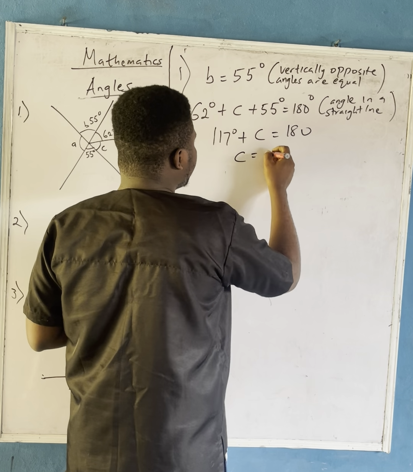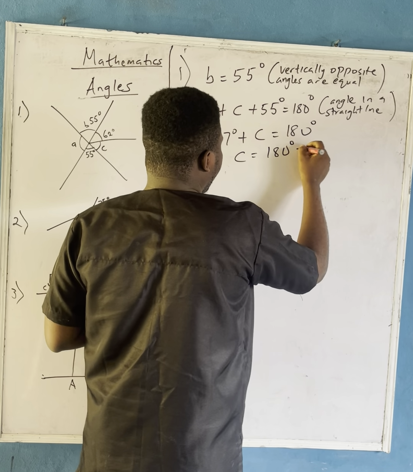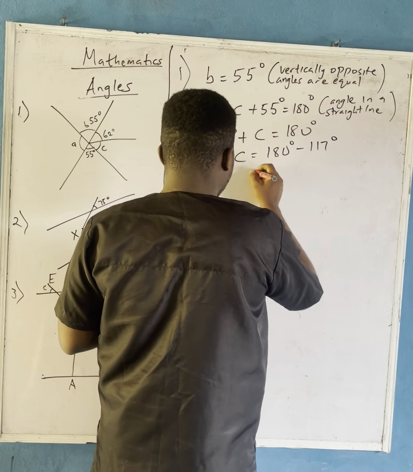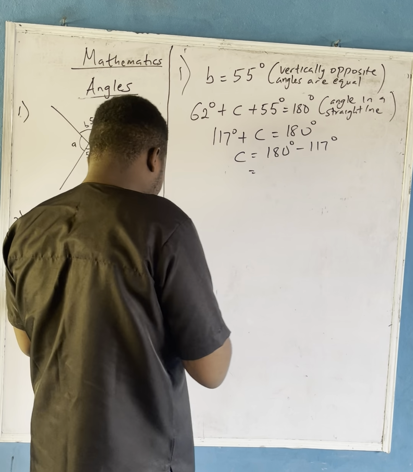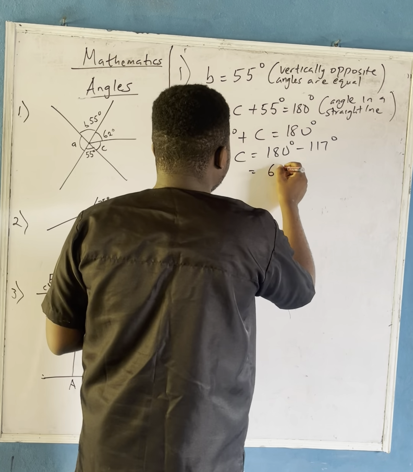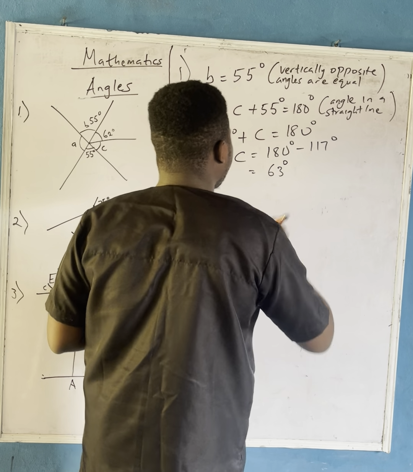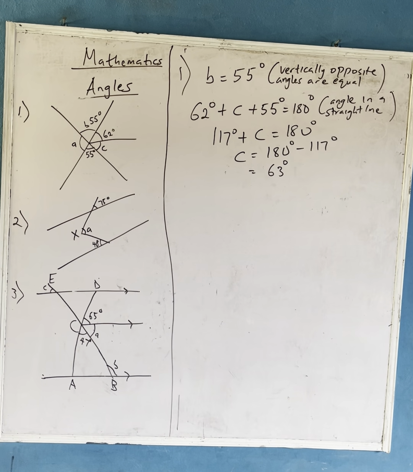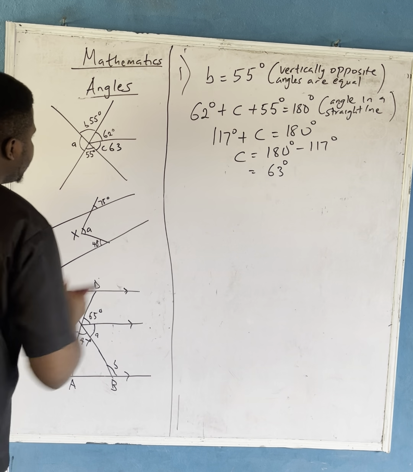So C will give us 180 degree minus 117 degree. And what is 180 minus 117? That is 63 degree. So C is 63 degree. I hope you understand that one. So we have gotten B as 55, and our C as 63.